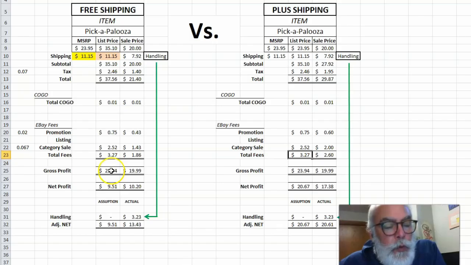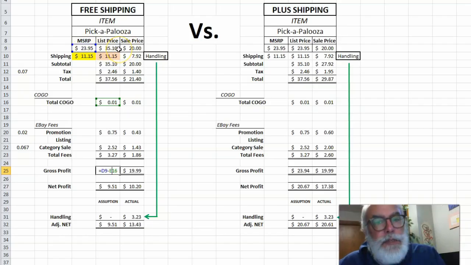So we can look at gross profit, which is my list, not my list price. It can't be my list price because my list price includes shipping. My MSRP price, however, is the price that I need to subtract my cost of goods from.